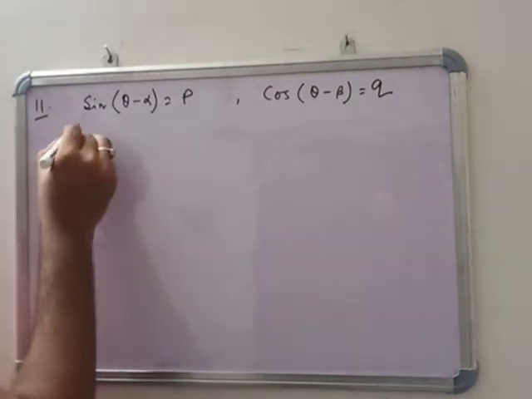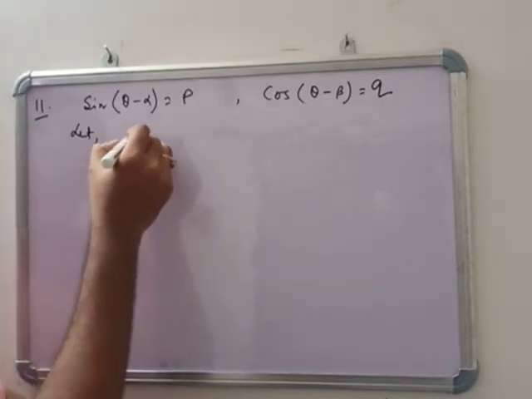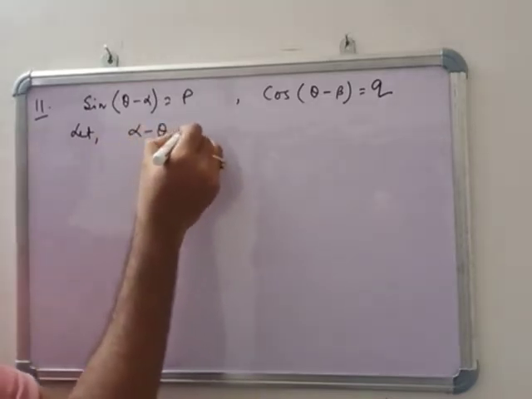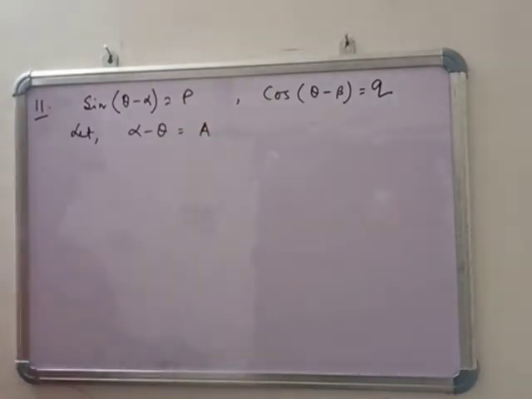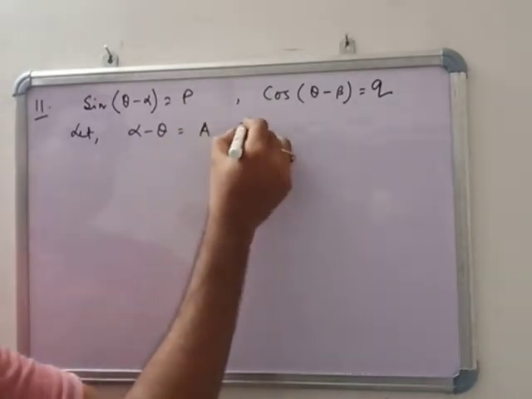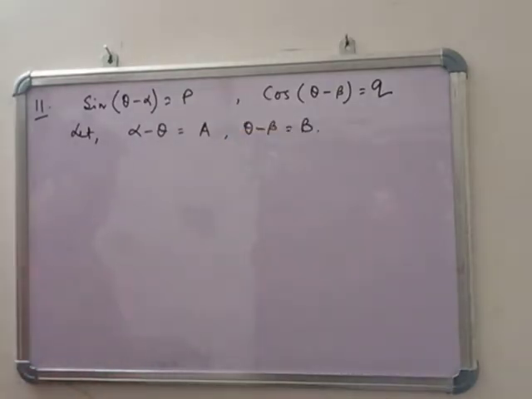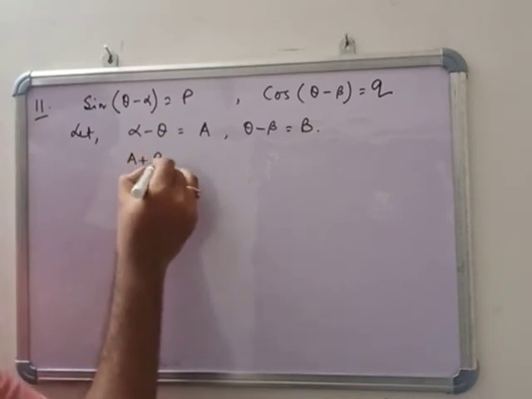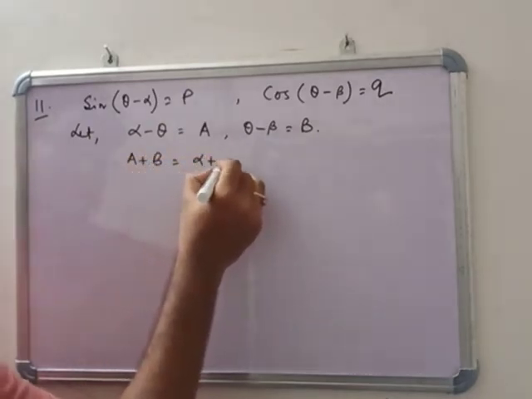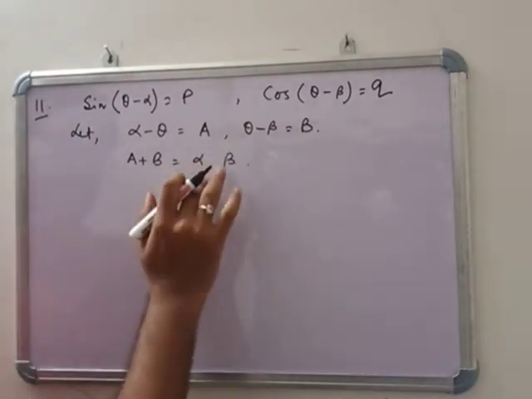So I am taking, let alpha minus theta equals to capital A and theta minus beta equals to capital B. Okay. So then A plus B equals to alpha plus beta. Sorry, alpha minus beta.